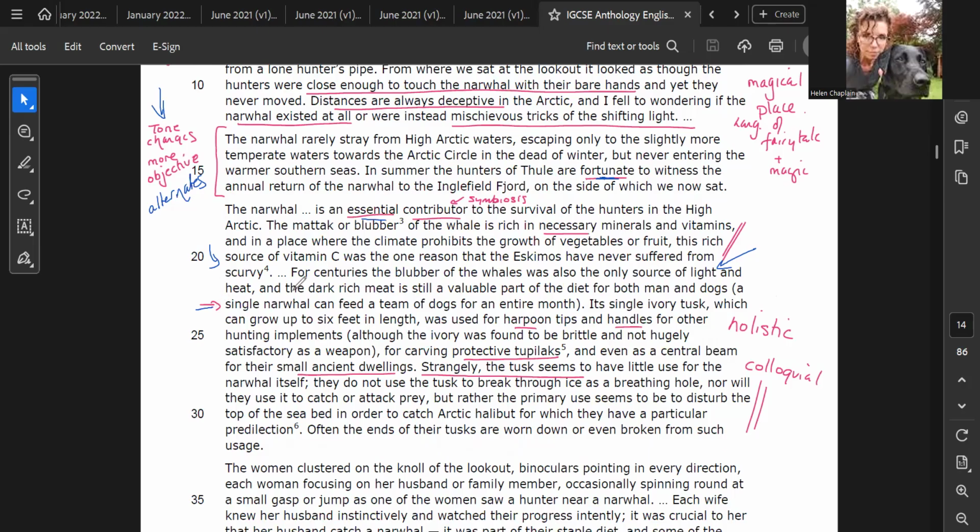The statistics to allow you to see how important it is that one narwhal will feed a team of dogs for an entire month, and dogs are really essential for transport, for movement, for the way of life. So the tusk can be used as a weapon and handles. And you've got this mixture of the facts, of the listing, the cumulative effect of, look at all these things this animal can provide.